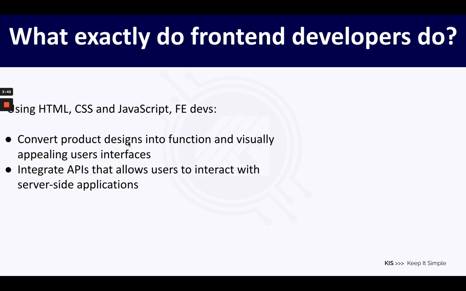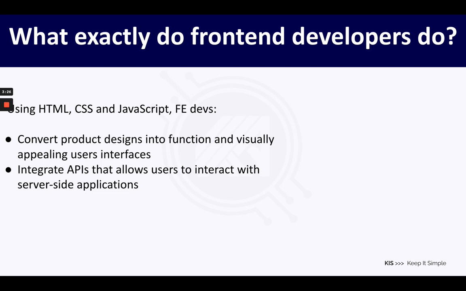They code that user interface that you're seeing, the text boxes, the buttons, the colors, the layout, right? All of this is as the designers have designed it. They take it and then they render it using HTML and CSS basically.